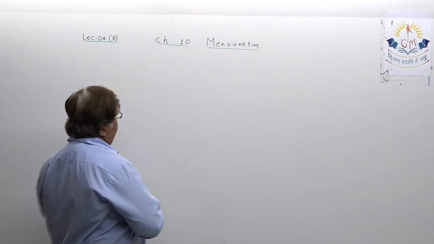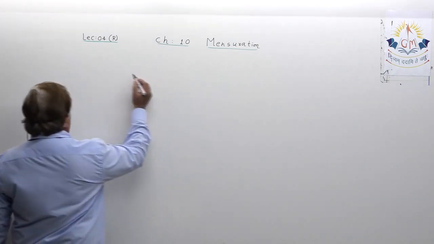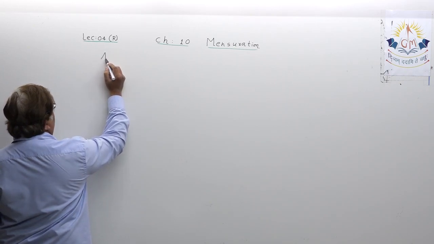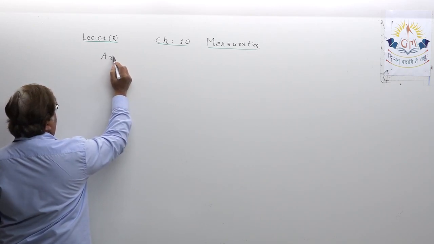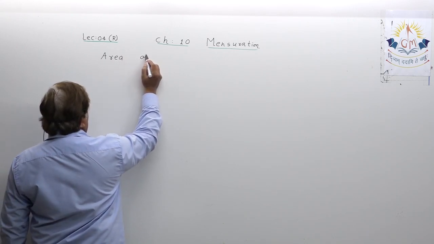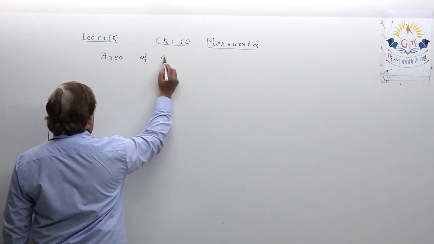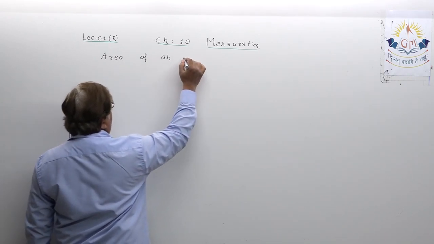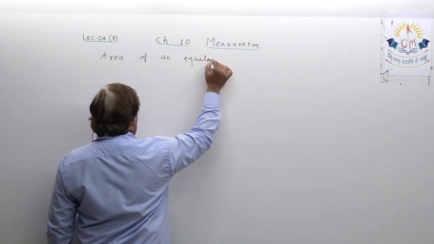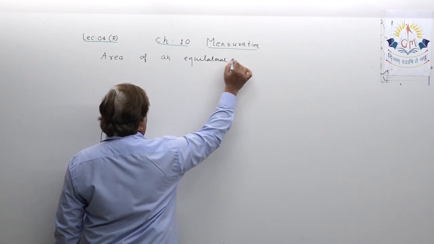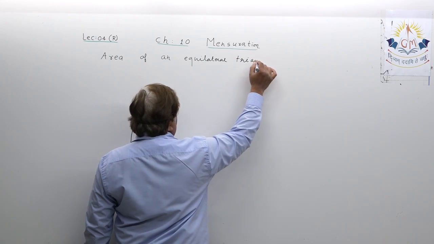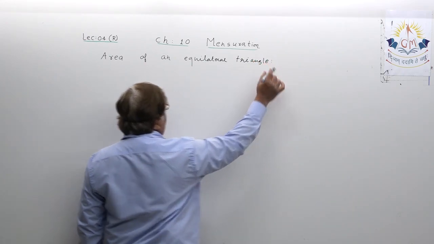So, dear student, we are targeting the topic: let us try to derive the area of an equilateral triangle. You all know very well that an equilateral triangle has all sides equal.